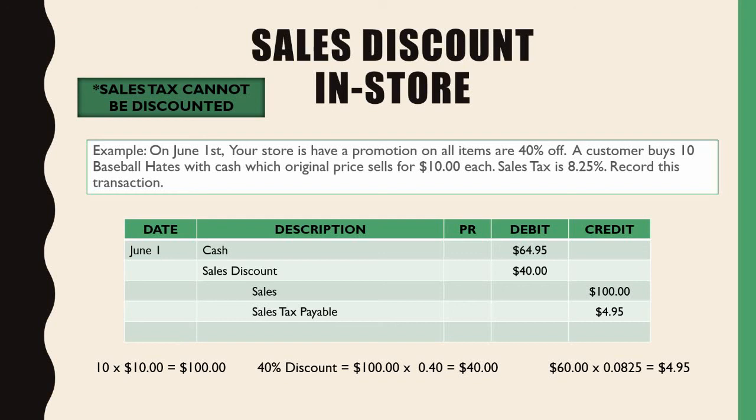Yes, correct. So $100 minus $40 is $60, and we tax the 60. The reason being that sales tax can't be discounted. You're saying the 8.25% cannot be discounted 40%. Yes.